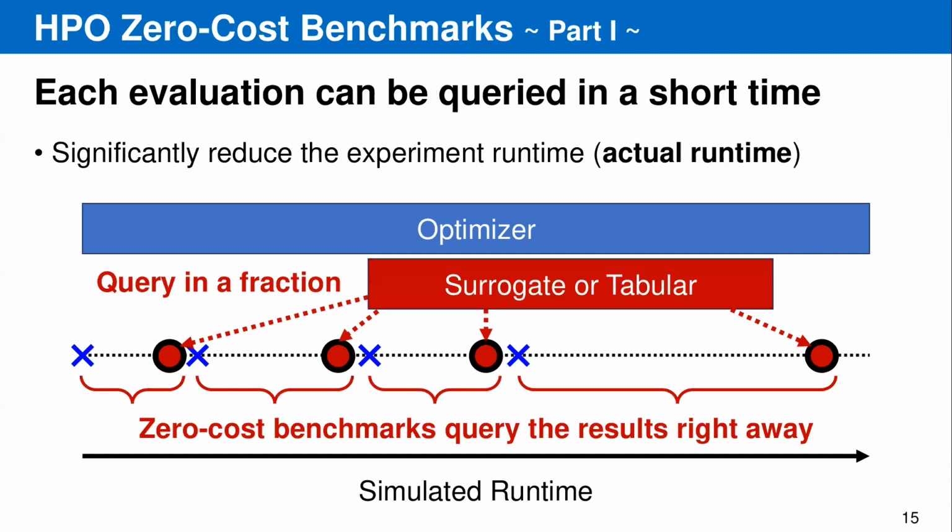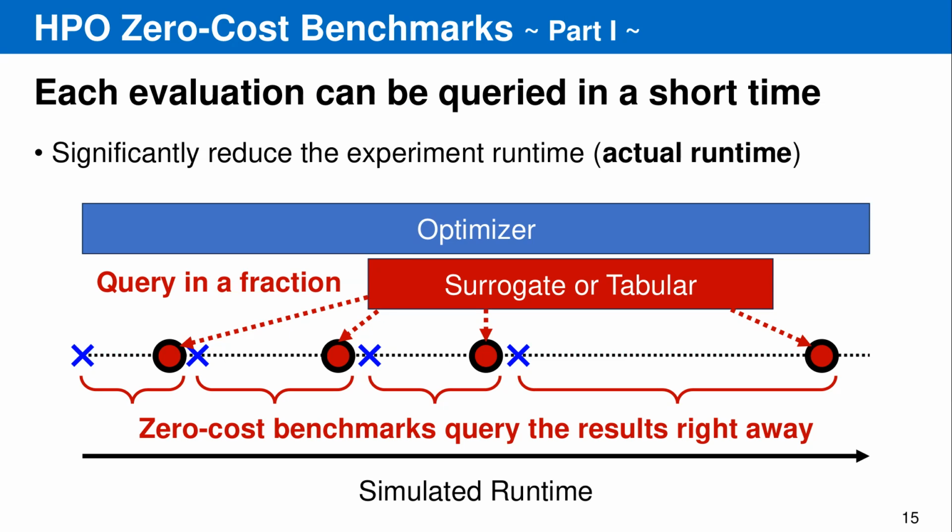Many hyperparameter optimization benchmarks use a tabular format or surrogate model, which we call zero-cost benchmarks. A tabular benchmark contains pre-recorded results for all possible configurations in a given search space. A surrogate benchmark uses a machine learning model trained on collected observations in a given search space.